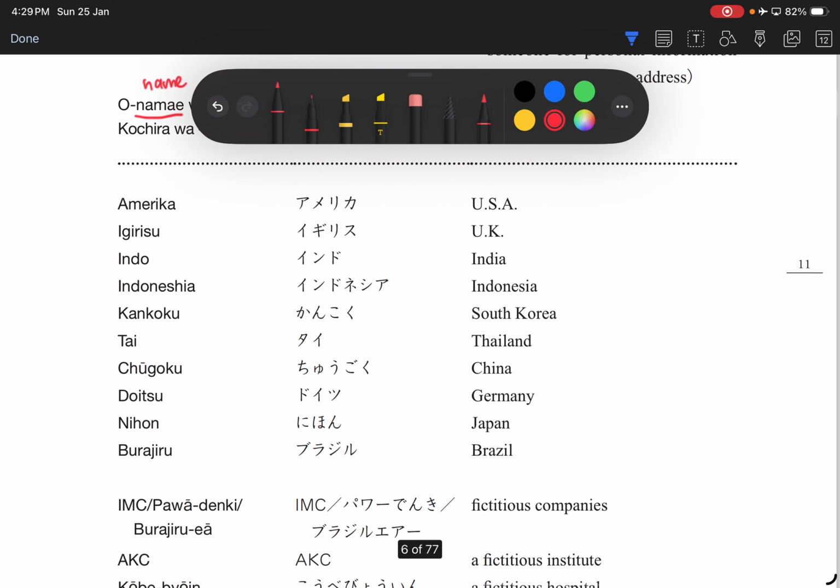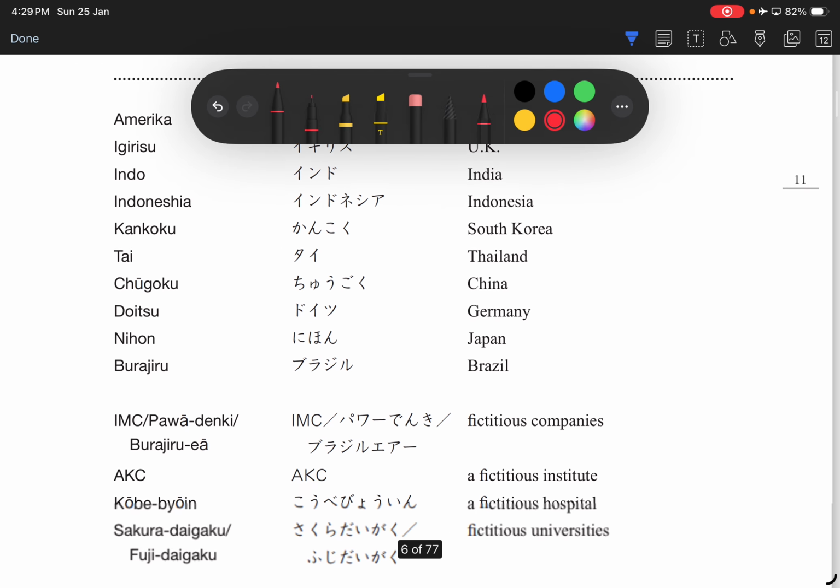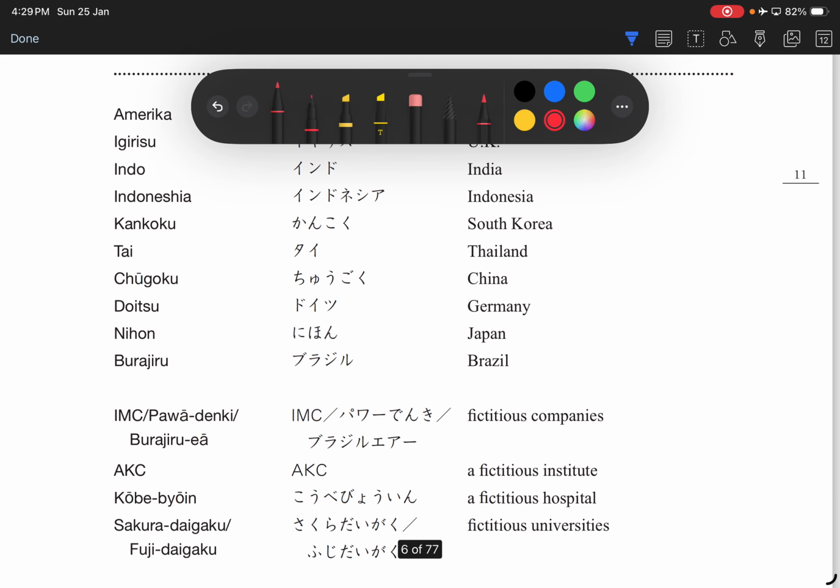Okay, so we have America, Igirisu, India, Indonesia, 韓国, Thai, 中国, ドイツ, 日本, ブラジル.